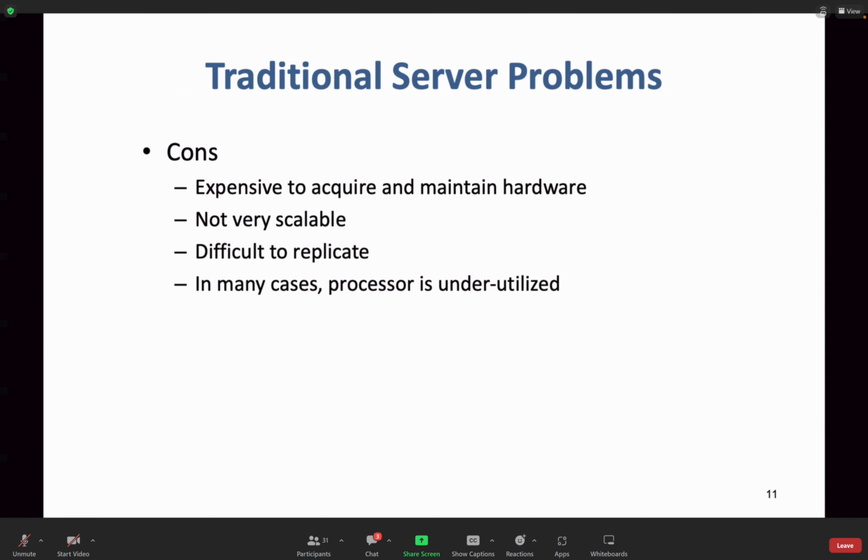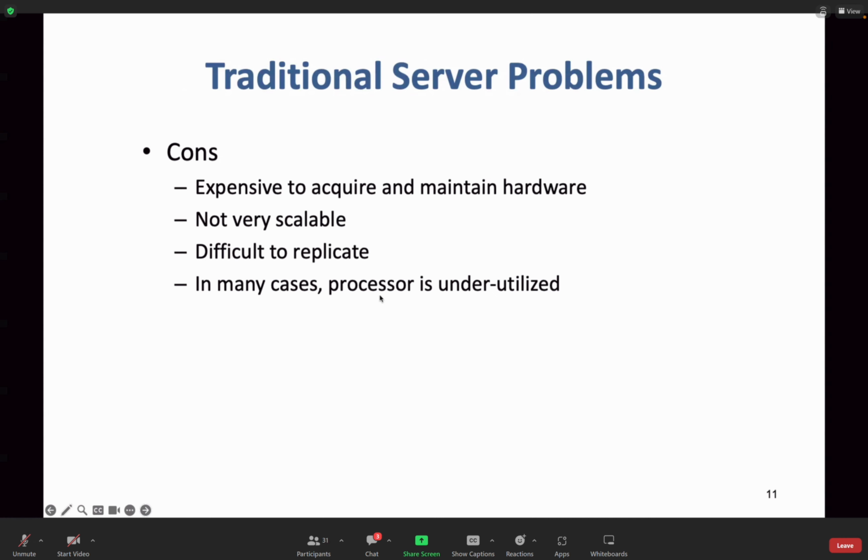Compared to virtualized server replication, which is like the cp command line, you just copy a file. Copying an entire machine is equivalent to a file copy. But with a traditional server, you have to procure hardware, install the operating system, and then run it. So it's very difficult, time-consuming, and expensive to replicate.